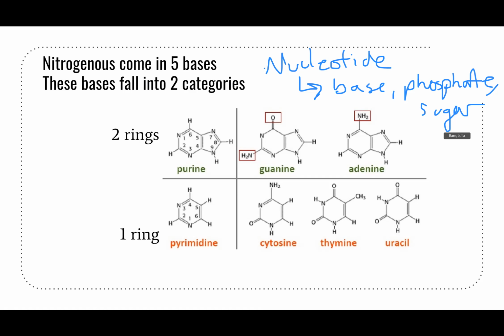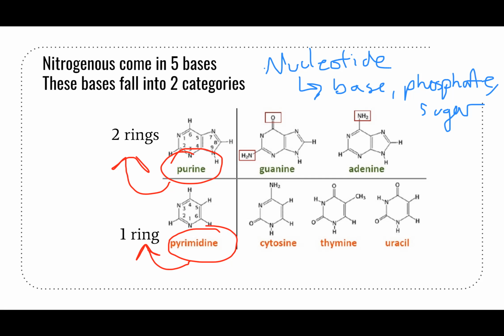The bases come in 2 different categories. They are going to be either purines or pyrimidines. Pyrimidines have 1 ring, purines have 2 rings. That's the biggest distinction.